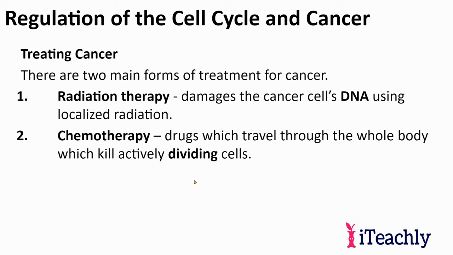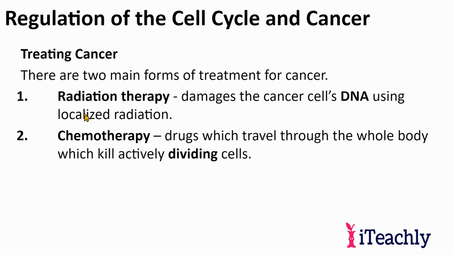So, treating cancer, there are two main forms of treatment for cancer. There's radiation therapy, and that damages the cancer cell's DNA using localized radiation. The problem with that is it doesn't just damage your cancer cell's DNA; it also affects your other cells as well. So it has to be very localized, right?